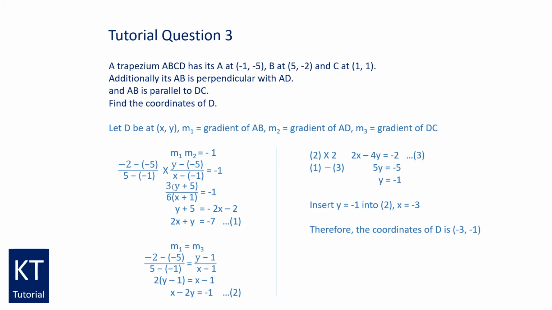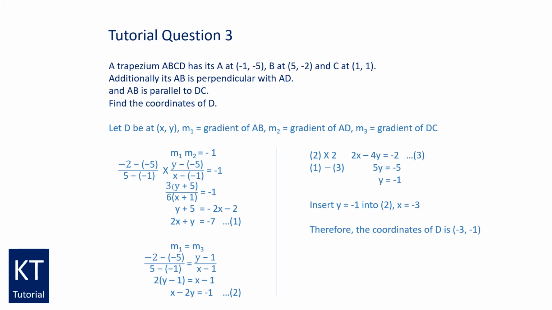Given that AB is perpendicular to AD, the product of m1 and m2 must equal -1. By inserting the respective coordinates into the equation, we could set up the first simultaneous equation of 2x plus y equal to -7. In the question, it also mentions that AB is parallel to DC.